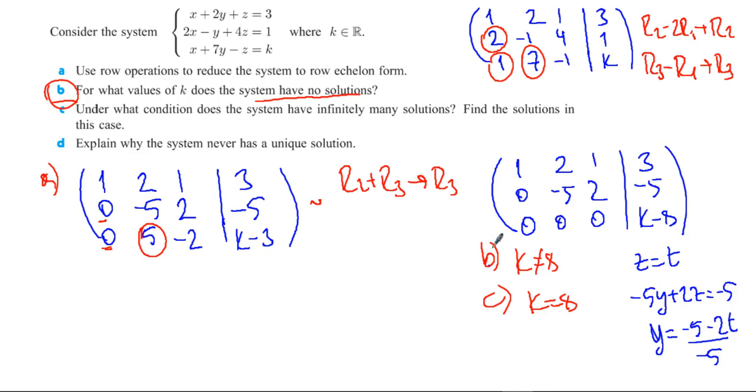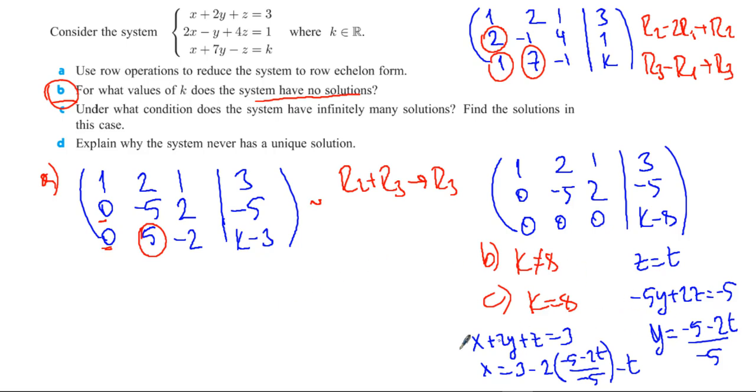And x, I will use the first row, x plus 2y plus z equals 3. So from here, x will be 3 minus 2 times y, which is minus 5 minus 2t divided by minus 5, minus z, which is t. You can simplify it easily. If you simplify, then you will have all the variables with respect to t.